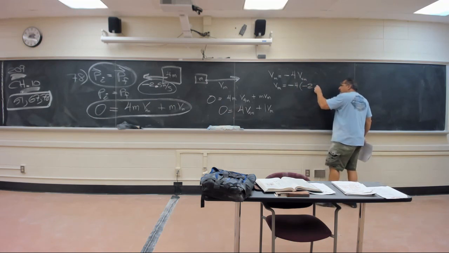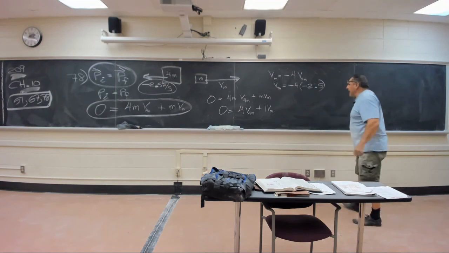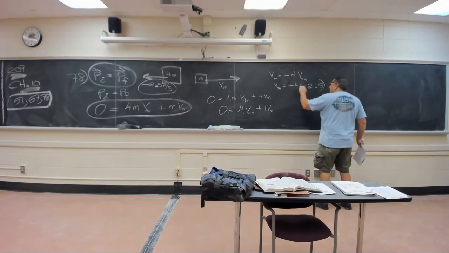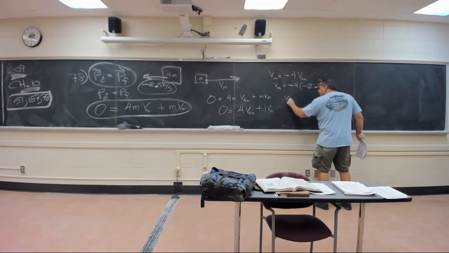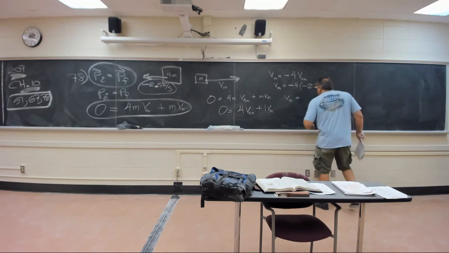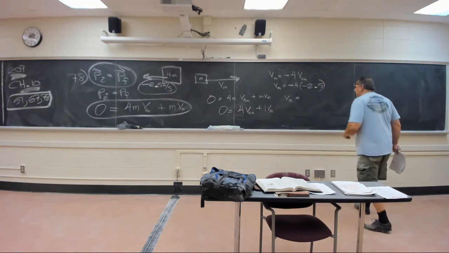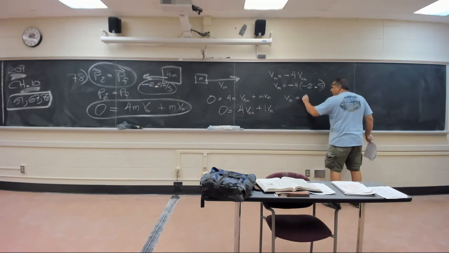Well, we just said the big one took off to the left at negative 2.5 meters per second. Negative 4 times negative 2.5. Negative 2.5 times negative 4 is 10 meters per second.